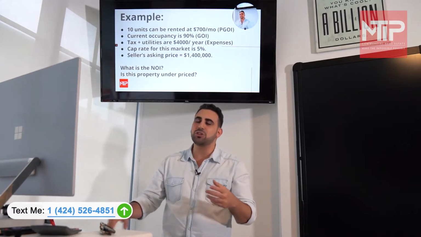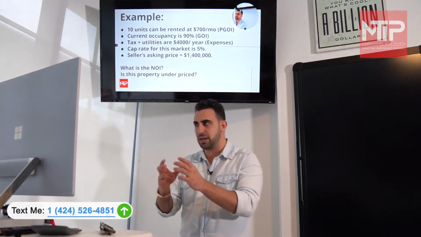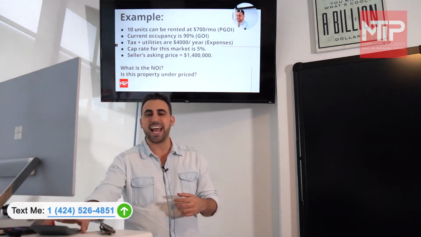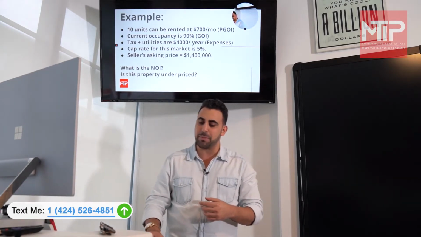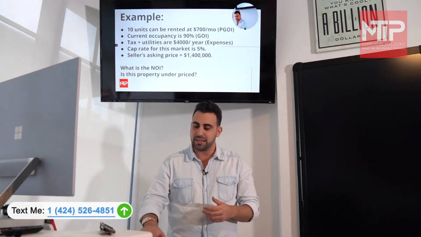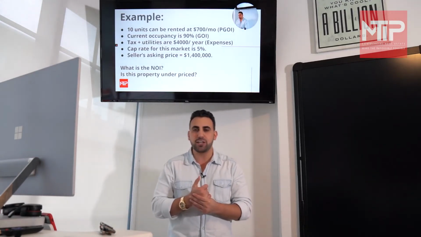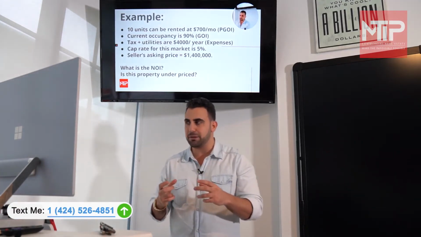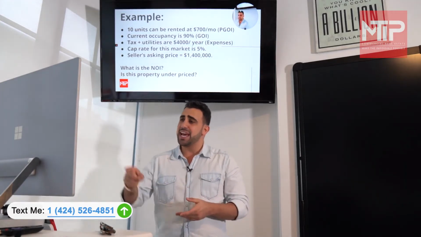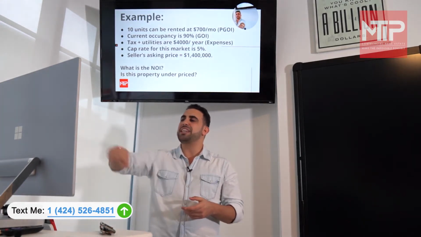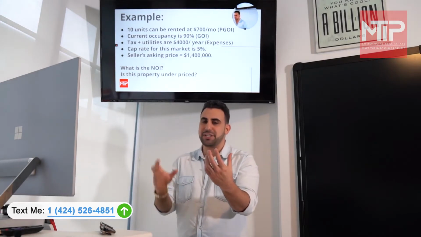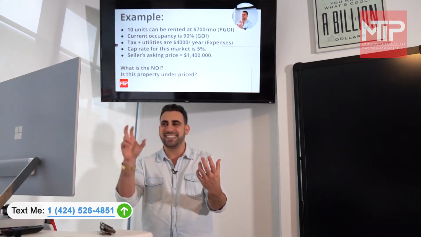So it's $7,000 a month in possible income, and then you're going to take that and annualize it. I'm going to bring out my calculator because I want to do quick math: 7,000 times 12, you get $84,000 in projected gross income, your PGOI, your scheduled income. Then it says only 90% of it is going to be occupied. So there's a 10% vacancy factor.